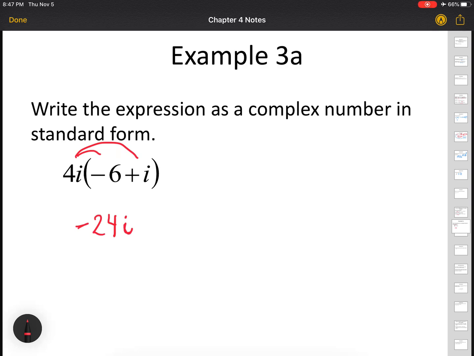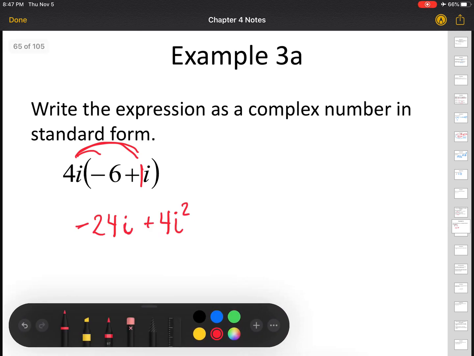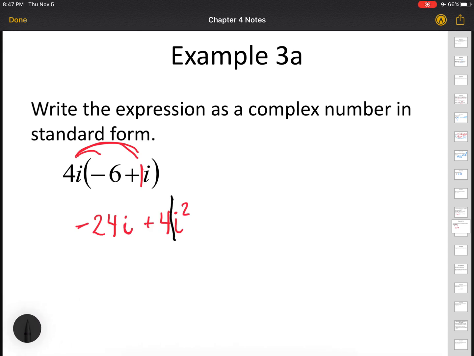And then if I multiply 4i times 1i, well, 4 times 1 is 4, but i times i is i squared. It's kind of like variables. When you multiply x and x, that makes x squared. But we just talked about at the beginning that i squared was special. So I'm going to box that up.